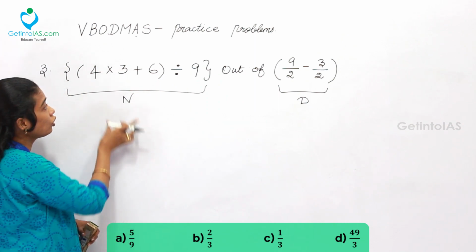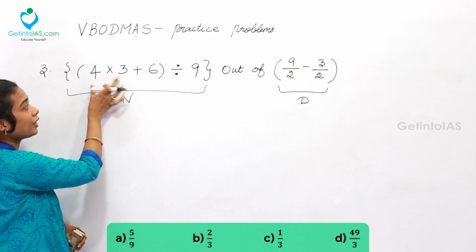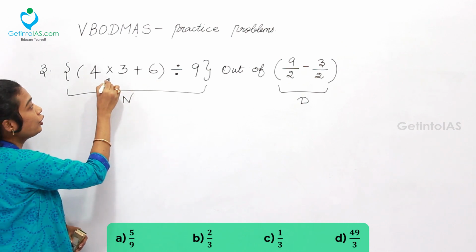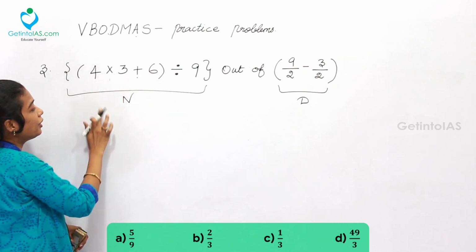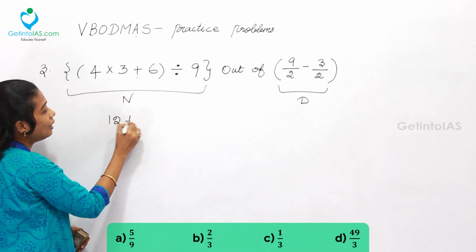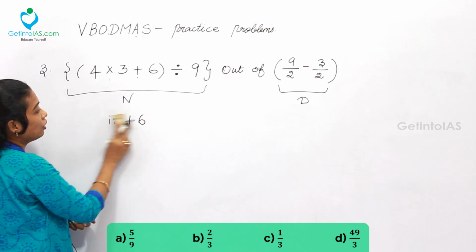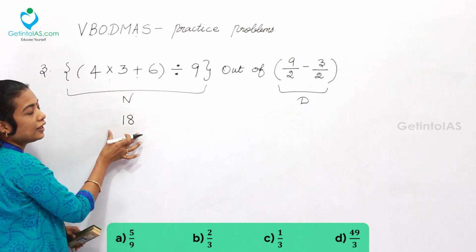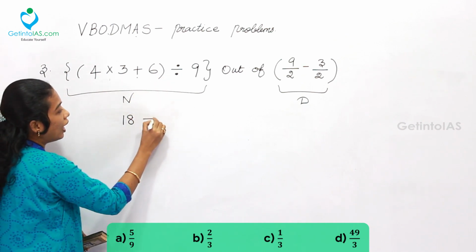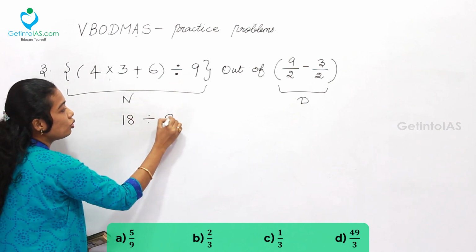The first thing, you will have to go through the small bracket. Under the small bracket, two calculations are given. First of all, solve the multiplication. 4 into 3 is 12, 12 plus 6 is going to be 18. So after solving the small bracket, you will get 18. Afterwards, division is there, 9.